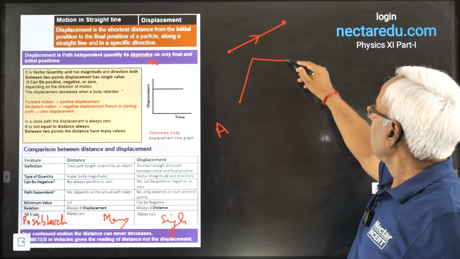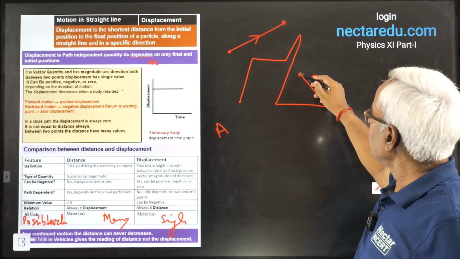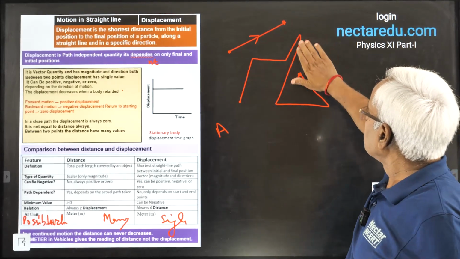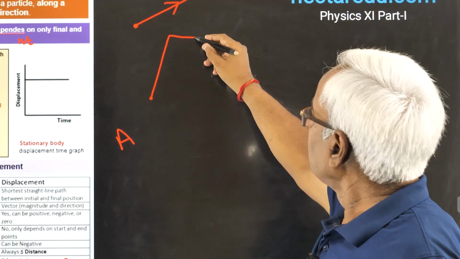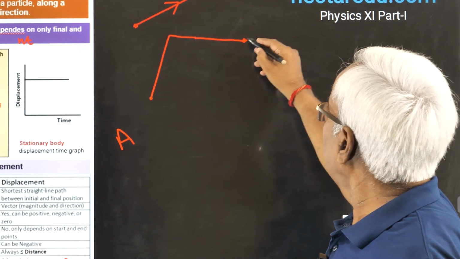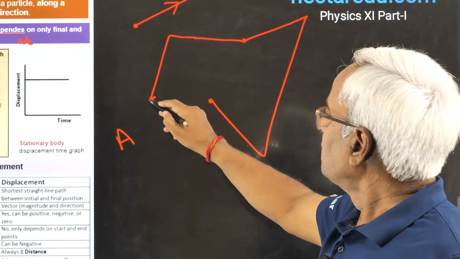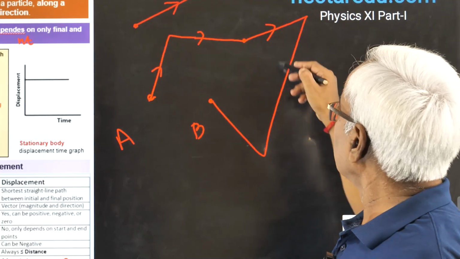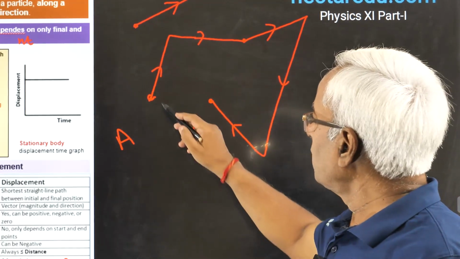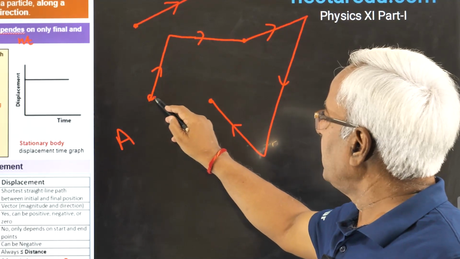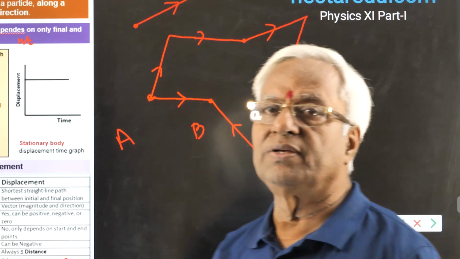You go by any path and you return to this point B. The path was in many parts, but the overall journey stops at B and the displacement would be known as AB.